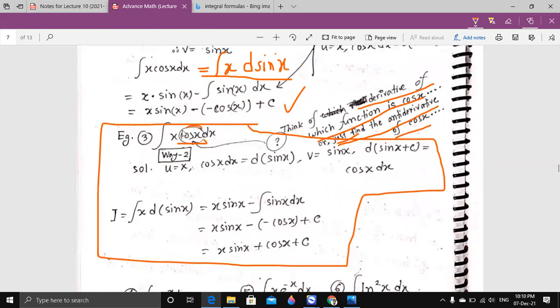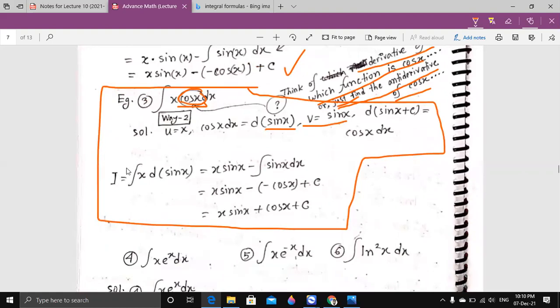So the antiderivative of cos x, that means the integration of cos x, will be sin x. So our v is sin x, and we can just apply the formula here. The integration of u dv is u multiply v minus the integration of v du. Okay. So the integration of sin x will be minus cos x plus c. So this is the answer.